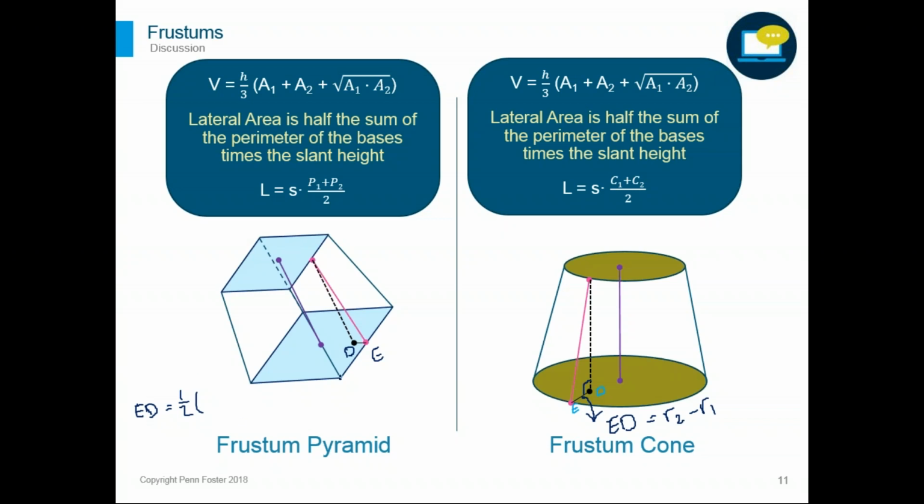So if I'm going to call the width for the larger base WZ, and then the width of the smaller base, let's give it X and Y, then ED, the dimension here, that small side for the right triangle that we will need, maybe sometimes we have to use the Pythagorean theorem. So the side of that triangle is half of the difference of WZ and XY.